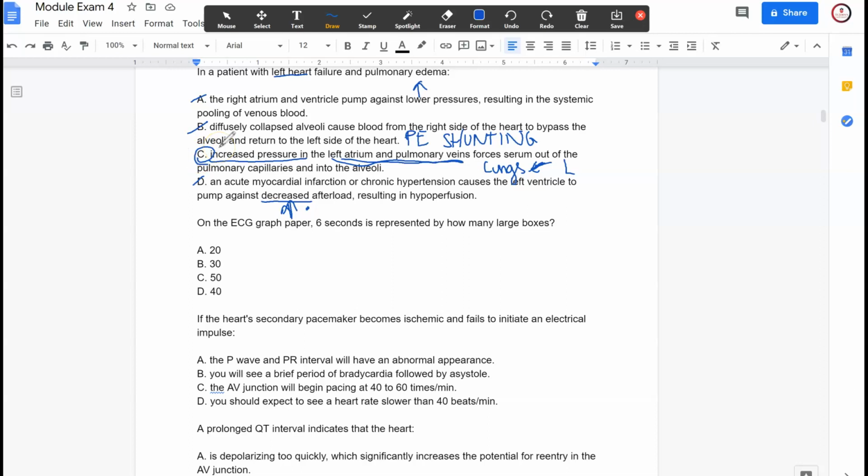On an EKG graph paper, 6 seconds is how many large boxes? There's a little math question for you. One large box is 0.2 seconds.